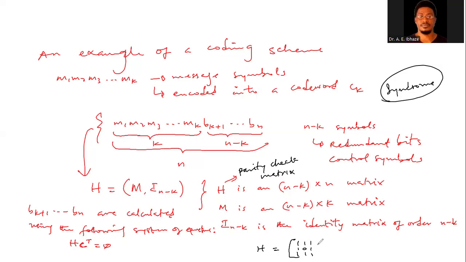These are the message bits in this matrix. It aligns with the identity matrix 1, 0, 0, 0, 1, 0, 0, 0, 1. So here we have M, and here we have I of N minus K. So the parity check matrix is usually something like this. We are just writing it in equation form, okay?